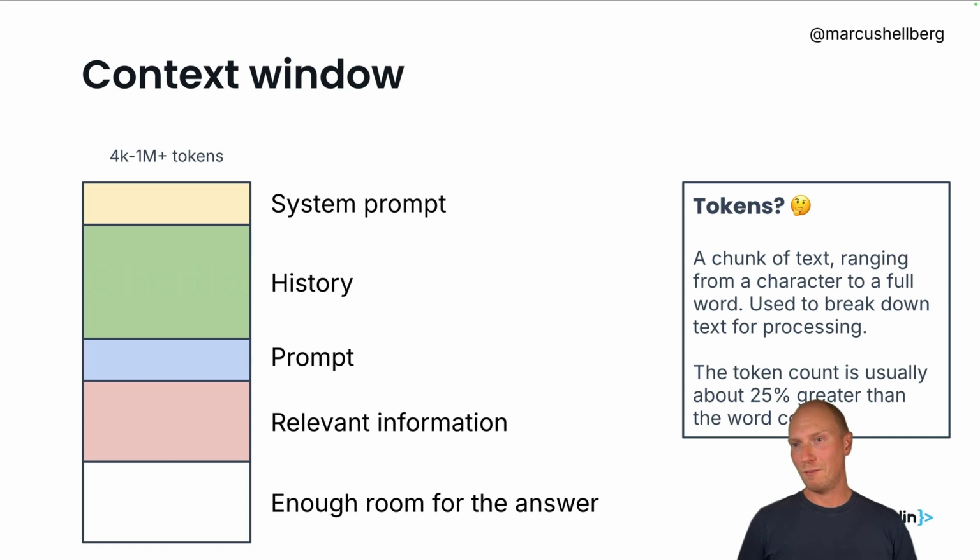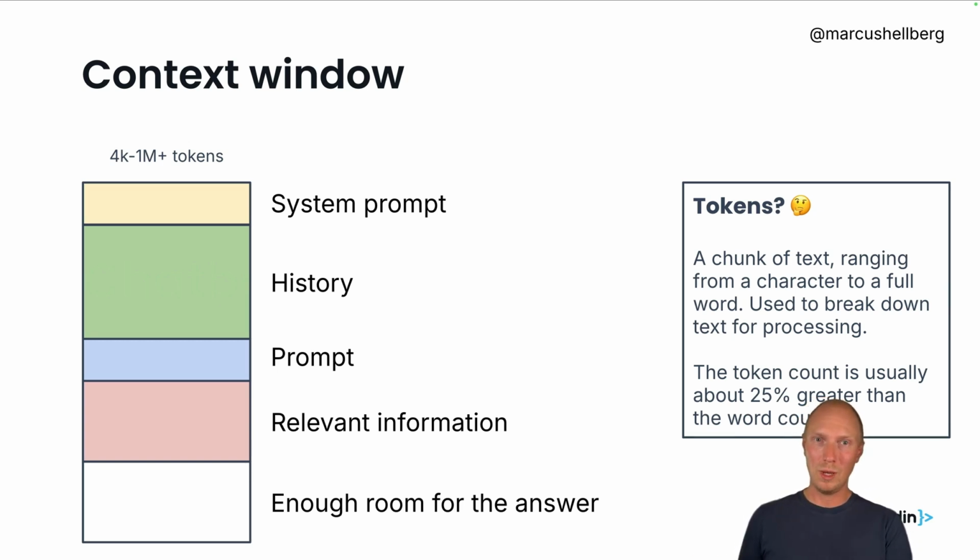So if we had a very small context window with a smaller local model, say 4,000 tokens, and we filled that with 4,000 tokens of input, we wouldn't have any room for getting output. Now, context windows have grown a lot in the last year, going from the 4,000 tokens that we had not long ago to more than 1 million tokens now.